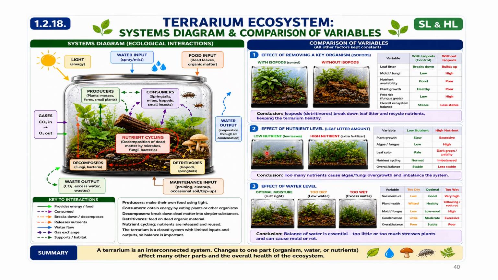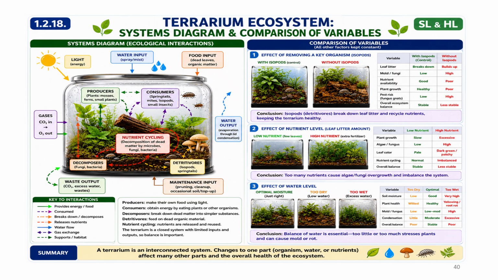By comparing these conditions, students observe how interactions among organisms, water, and nutrients determine the health and resilience of the terrarium. This activity reinforces the concepts of energy flow, nutrient cycling, interdependence, and system balance within a closed ecosystem.